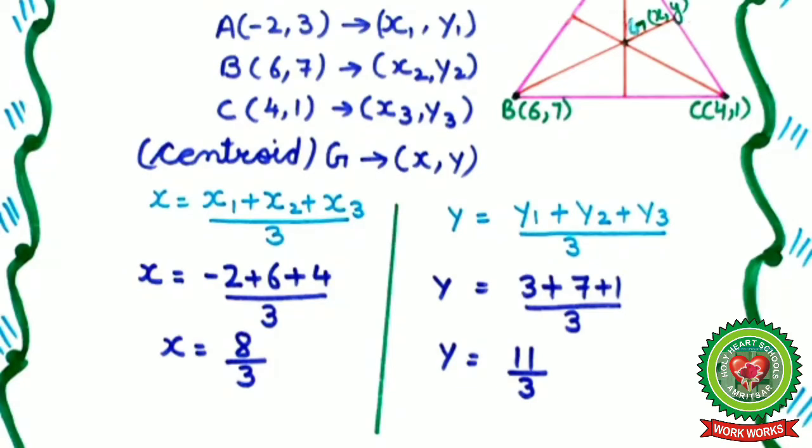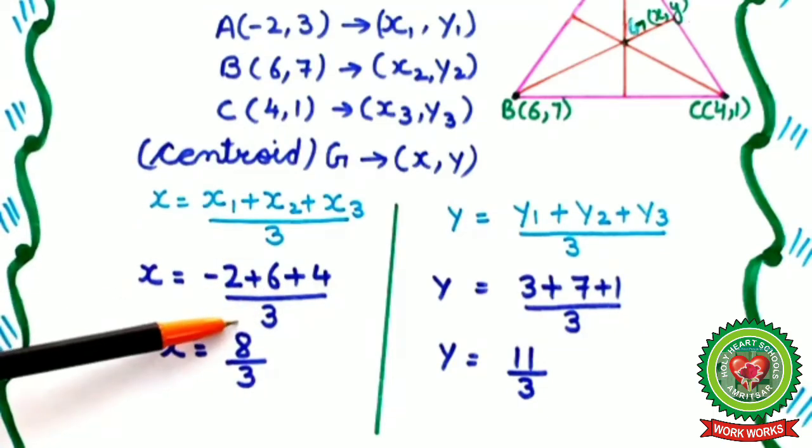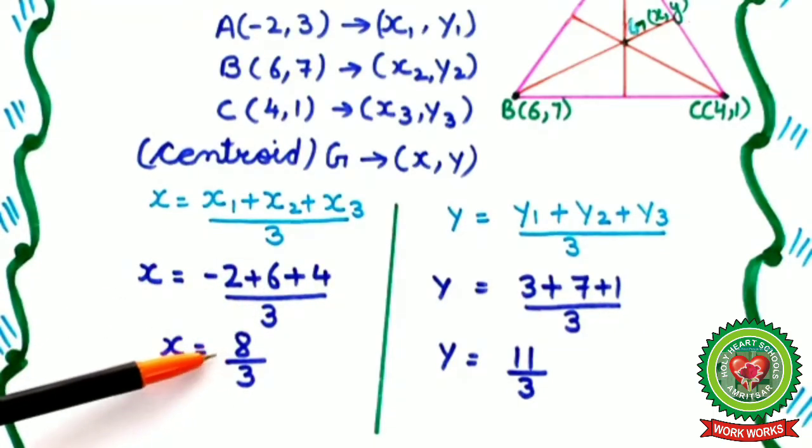Now the formula is x equals (x1 + x2 + x3) upon 3 and y equals (y1 + y2 + y3) upon 3.